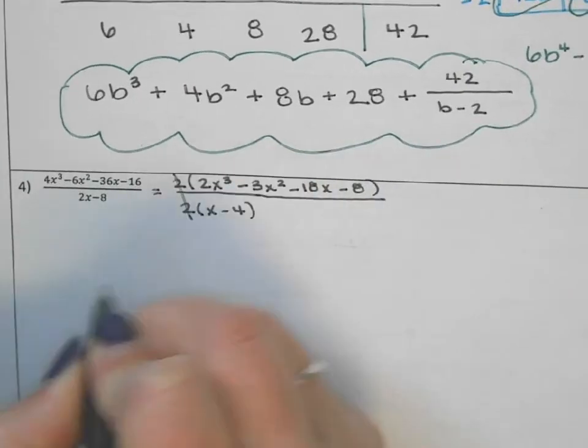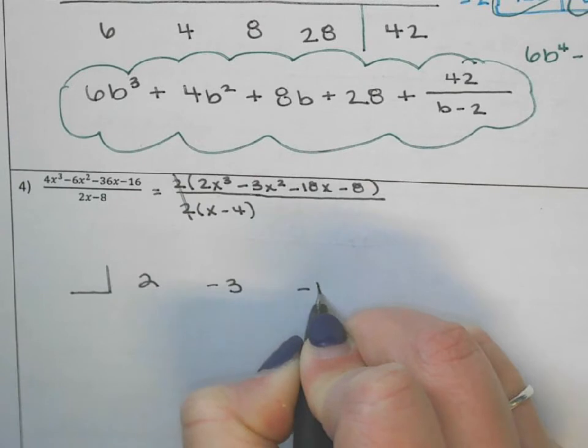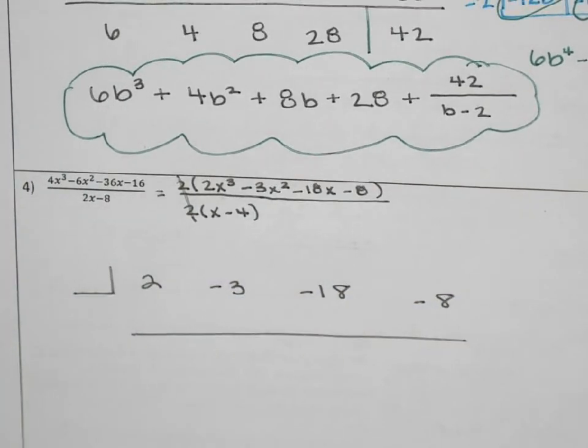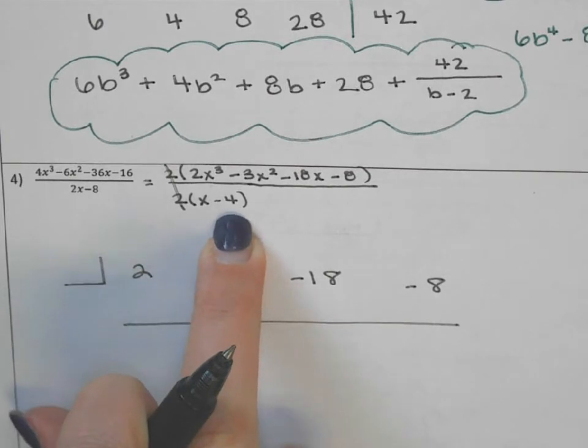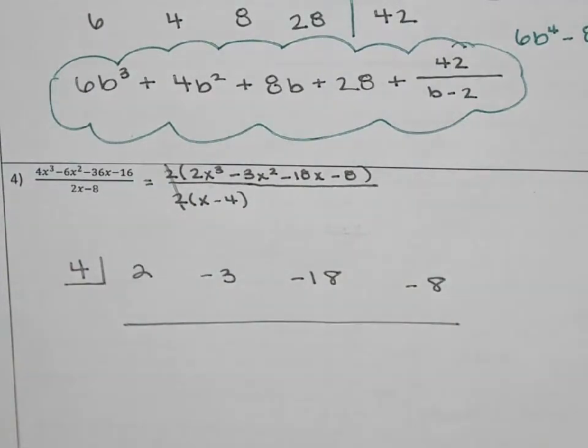And on top, we have our box. We have 3, 2, 1, 0. So that's all set up. What goes in the box? 4. Okay. Yes?